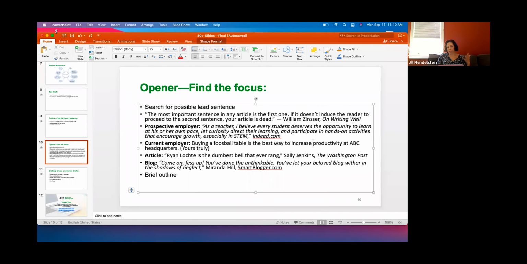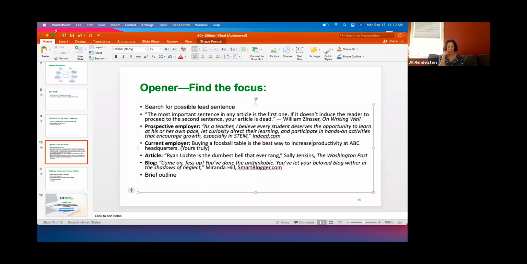So as I said, an opener is something that tells you right away what's going to happen in this piece of writing. One of the openers that were my examples is: Dear ABC boss, a foosball table would increase productivity for the whole office.